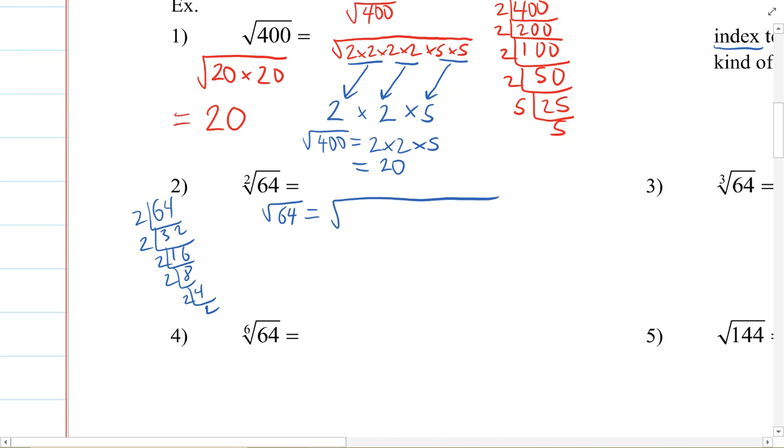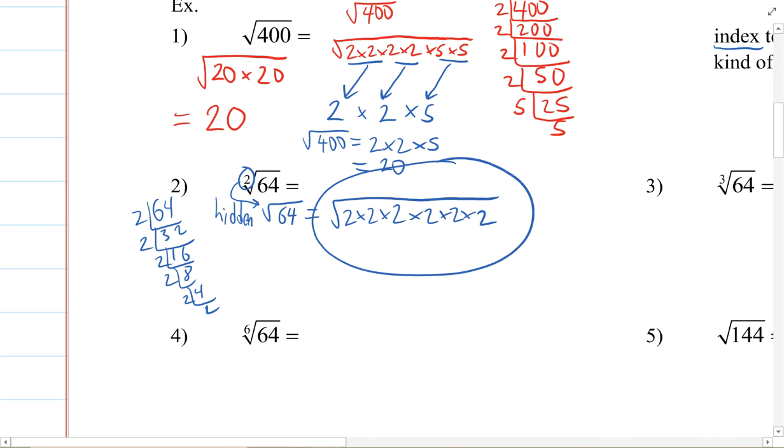Now you'll see here I write the 2, but you don't really need to write the 2. It's just hidden, so it's kind of like the 1 exponent. And we have 6 of these: 1, 2, 3, 4, 5, 6. And notice that the roof covers all of them.